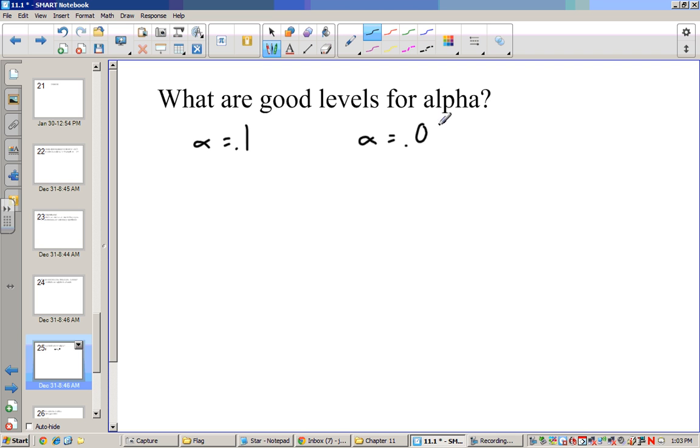Sometimes the standard is 0.05, but if you're working in a highly sensitive situation, it might be 0.01 or 0.005 or 0.001, and this would just be a very high threshold that you'd need to pass in order to prove that something is true or false.